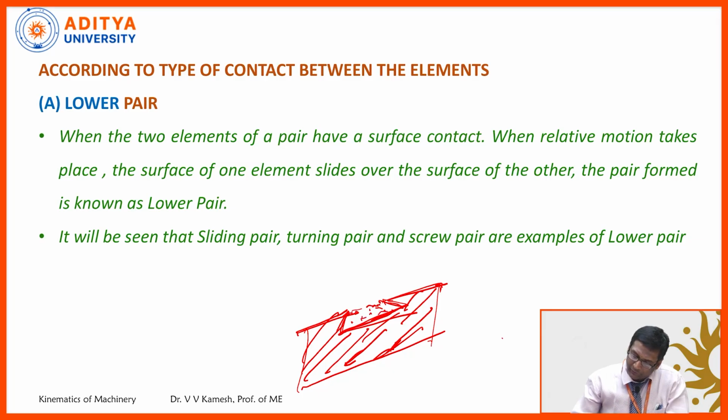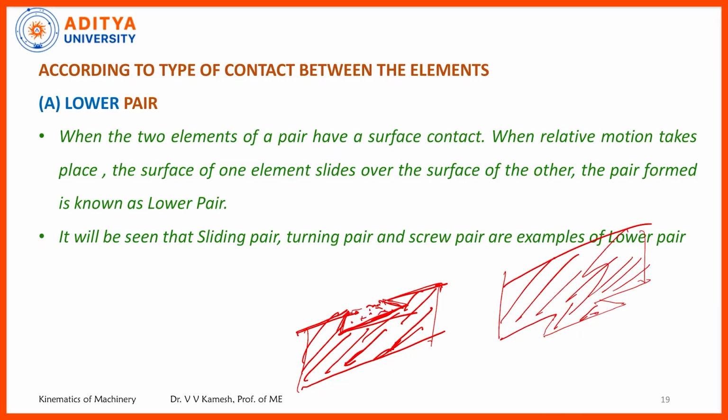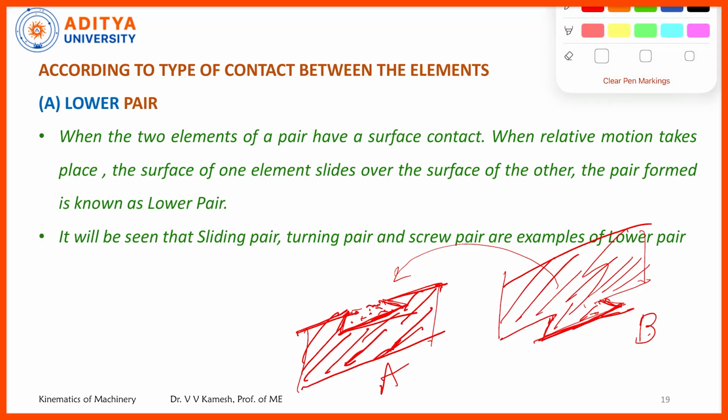Suppose I make another external part like this, with the same contour as I removed in this part A. This is part B. Now I want to fasten this part B with A. Now what do I need to do? I need to place this B, and I will show you how to do it.